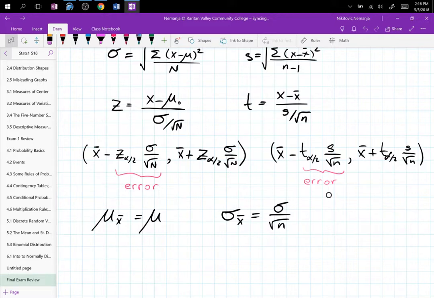What you do is you use it to do the rejection or non-rejection of arguments for hypothesis testing. That's what it is.